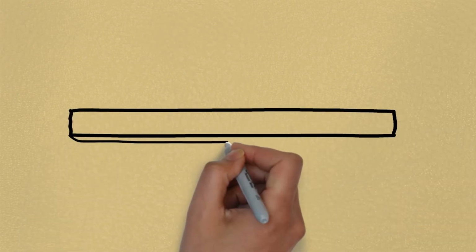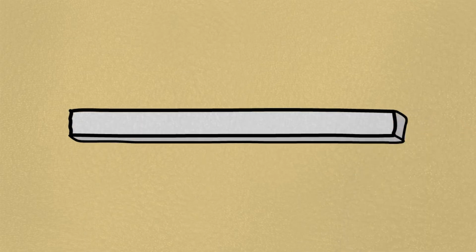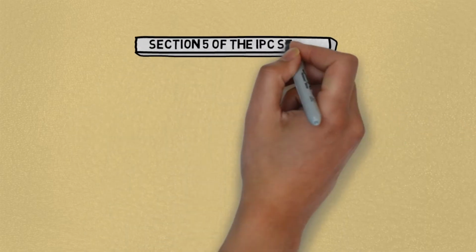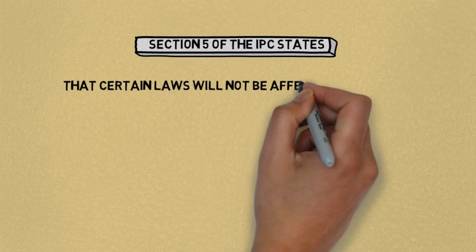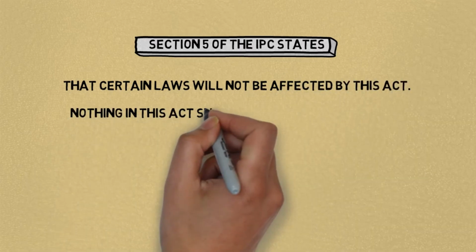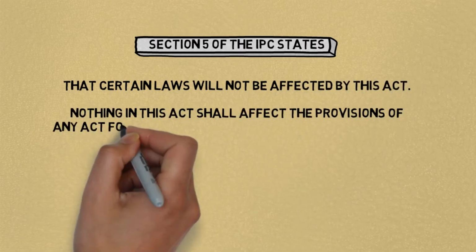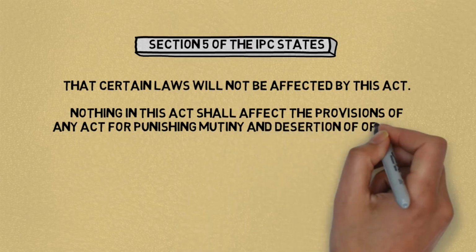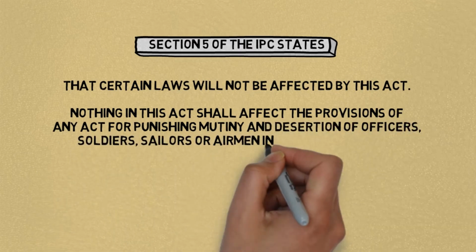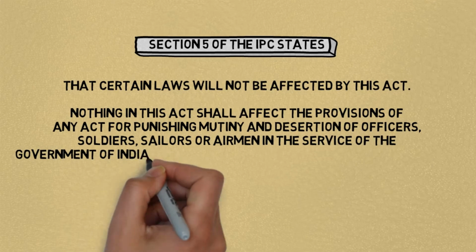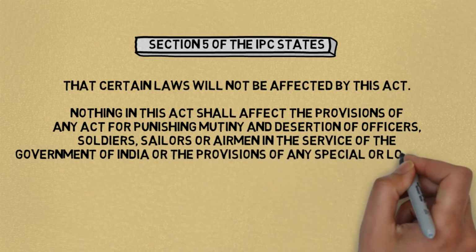Section 5 of the IPC states that certain laws will not be affected by this Act. Nothing in this Act shall affect the provisions of any act for punishing mutiny and desertion of officers, soldiers, sailors or airmen in the service of the Government of India or the provisions of any special or local law.